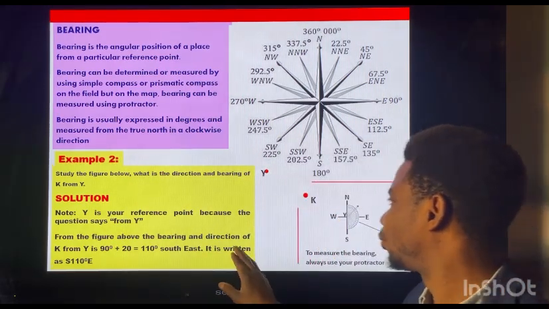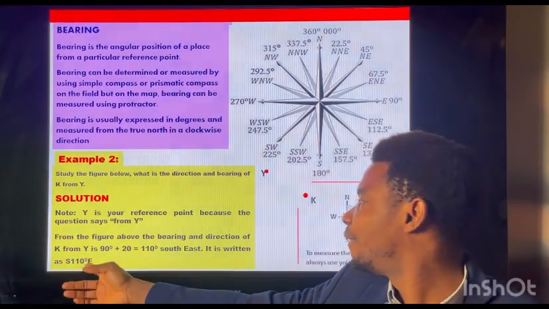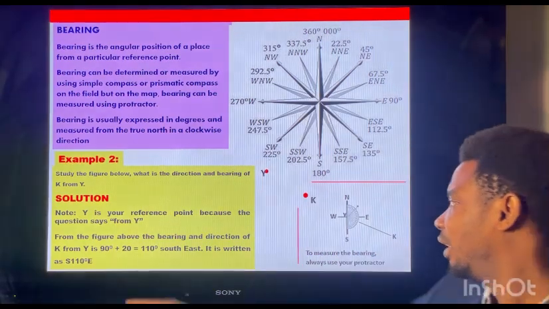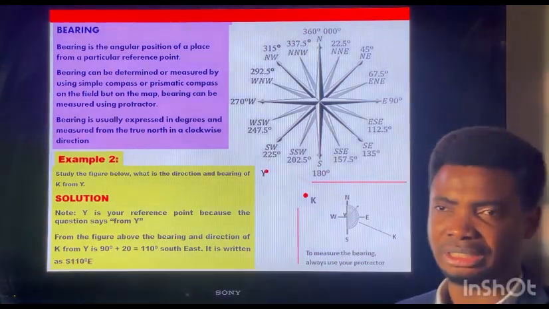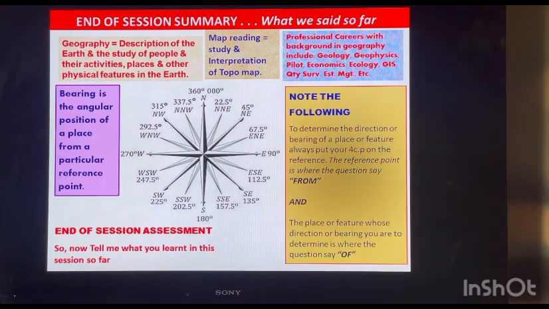That is the bearing. It is written as this. You write your S first, then you write the bearing value, and then you put the E, which is southeast, 110 degrees southeast.